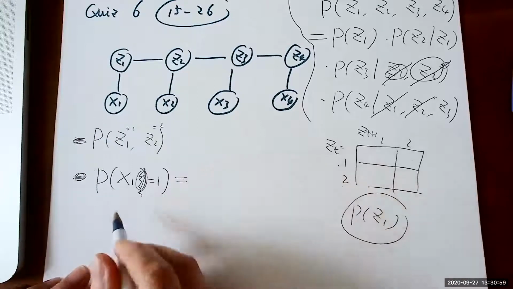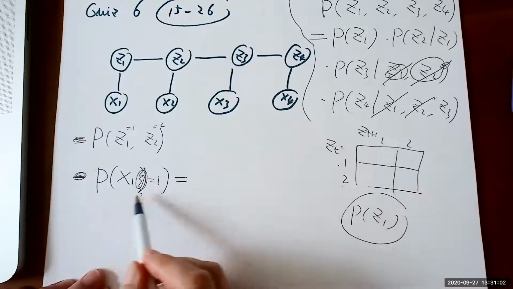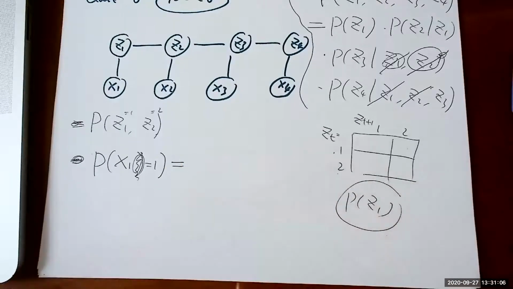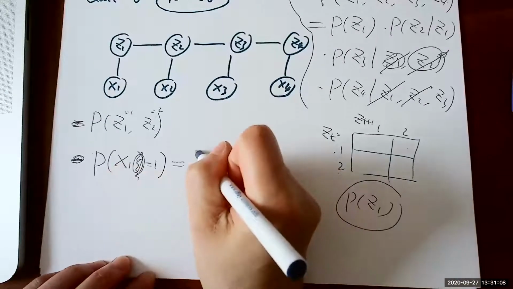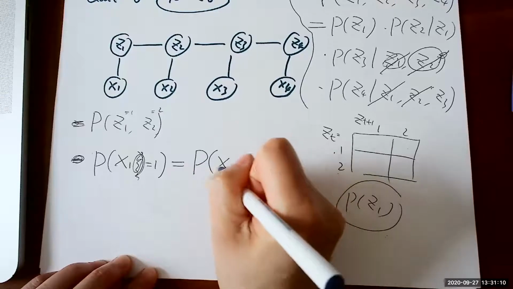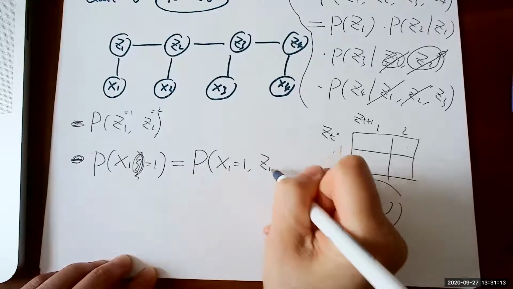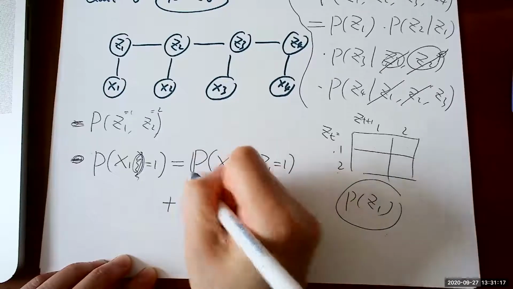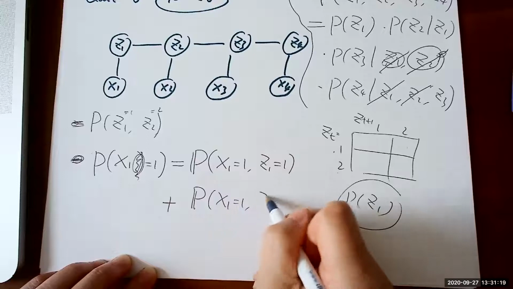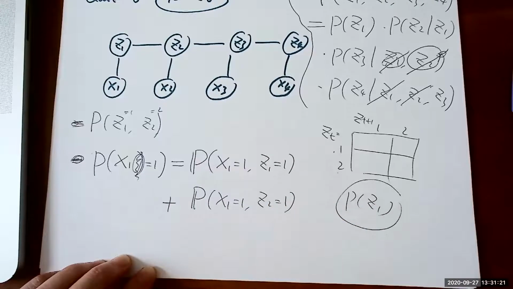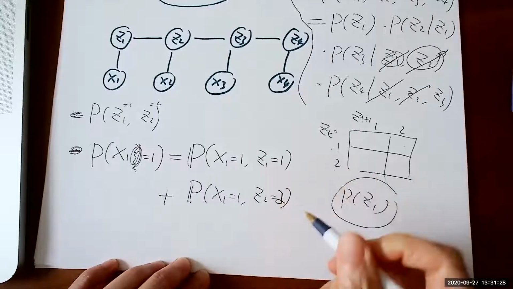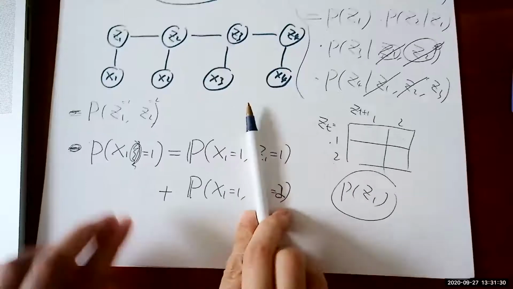So you can calculate the probability of this happening using this principle, and this is a marginal, meaning this is equal to, I add one more variable, and I sum over all possible values of this variable. Because Z1 can only take two different values, once you sum them over, you get the marginal of this.